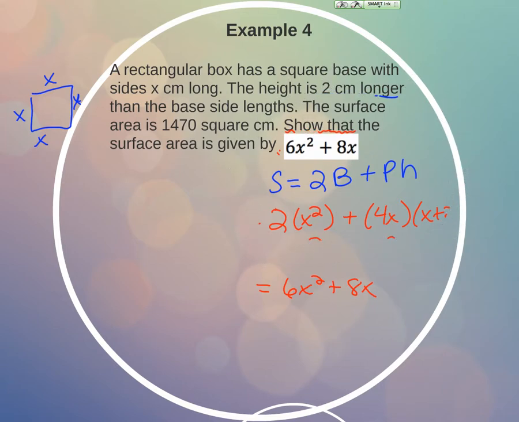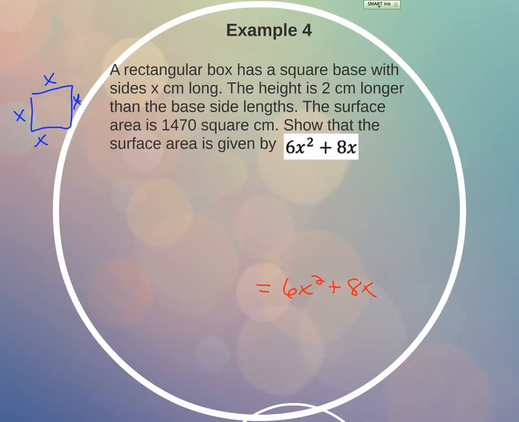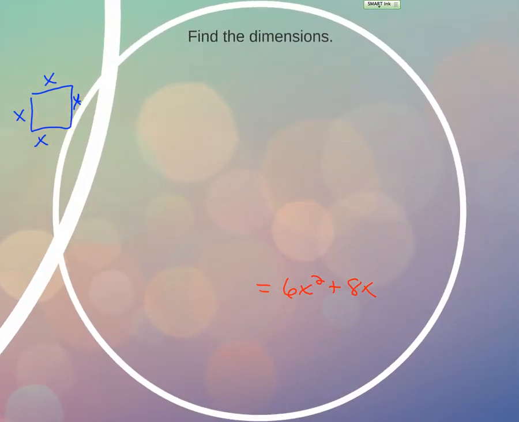All right, so find the dimension. Well, my expression for surface area was 6x squared plus 8x. Well, what was that surface area? It said that it was 1,470 centimeters. So that's where it's coming in.